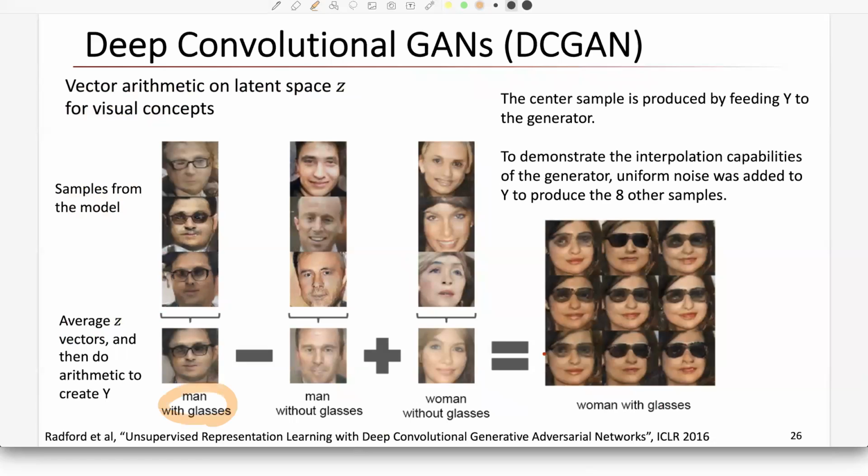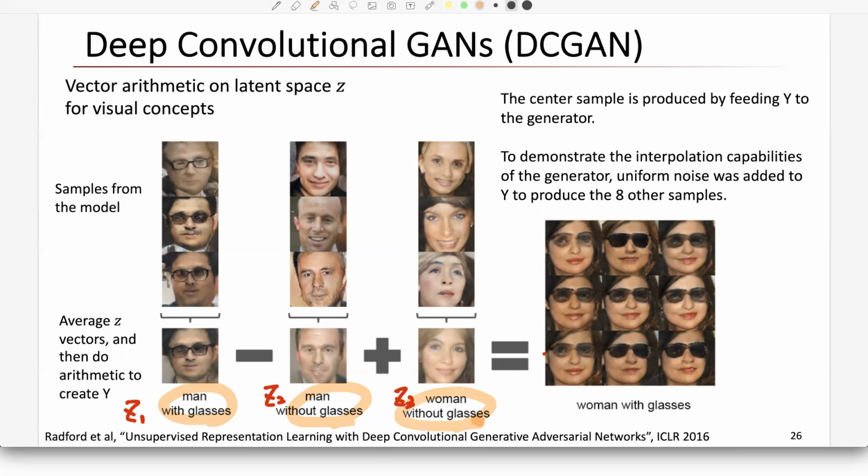Another example is here. Let me say we have a latent vector Z1 that generates a man with glasses, a latent vector Z2 that generates a man without glasses, and a latent vector Z3 that generates a woman without glasses.